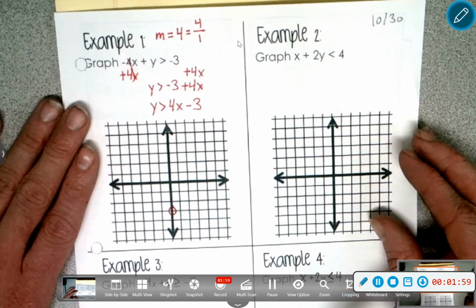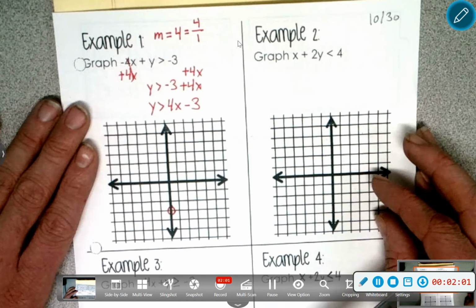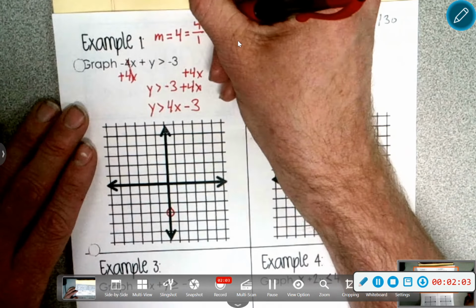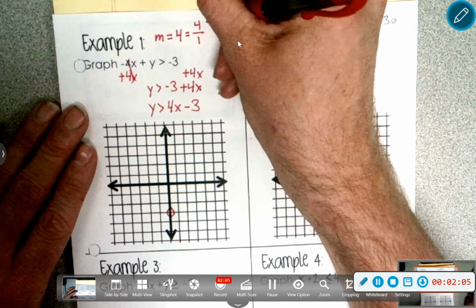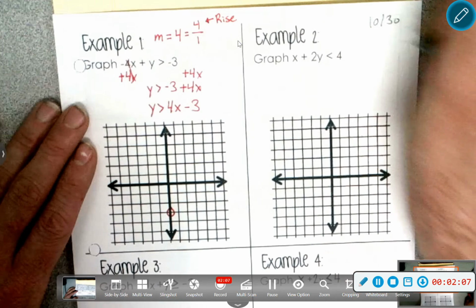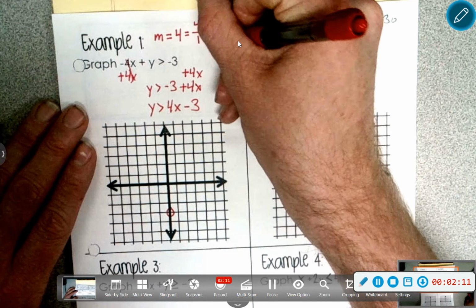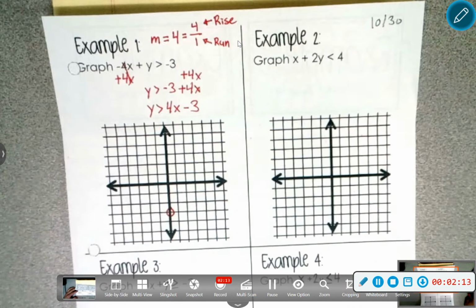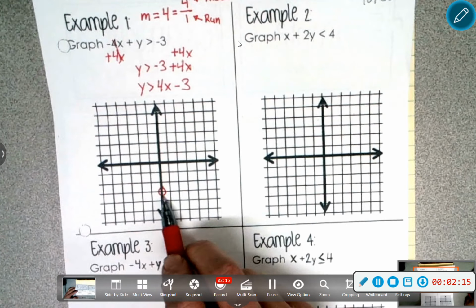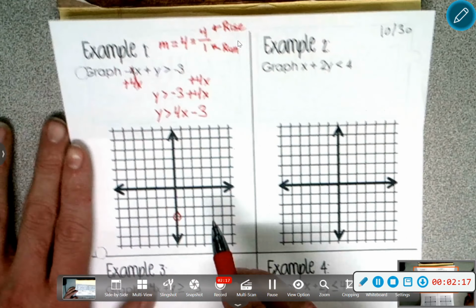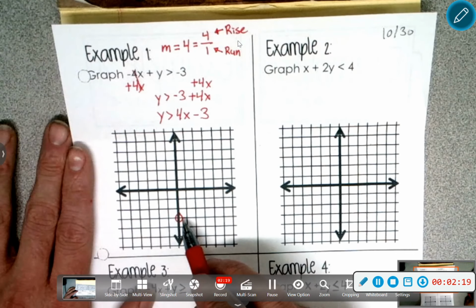Remember that slope can also be thought of as rise over run. So 4 is the rise, 1 is the run. So from wherever I have a point already, I can rise 4, run 1.